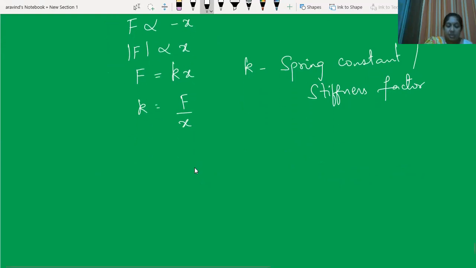That means if I have a unit displacement from the equilibrium position, say 1 centimeter or 1 meter or whatever, to the applied force, this ratio gives us the spring constant. So under the action of unit force, if the spring undergoes a unit extension, it could be compression also, K is defined as F by x. The unit of stiffness factor is Newton per meter.